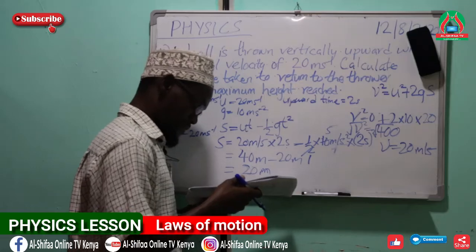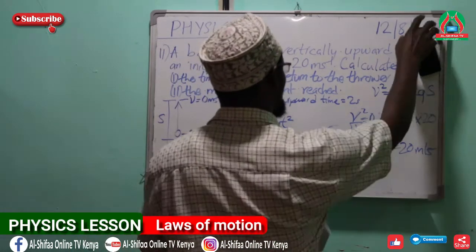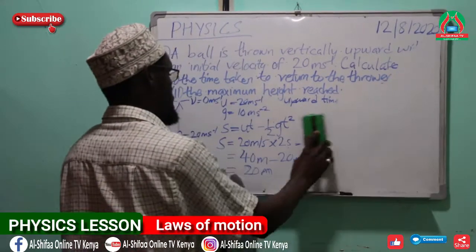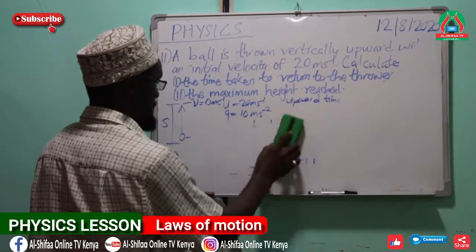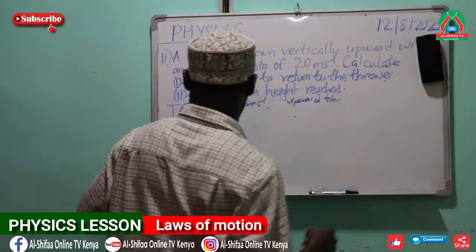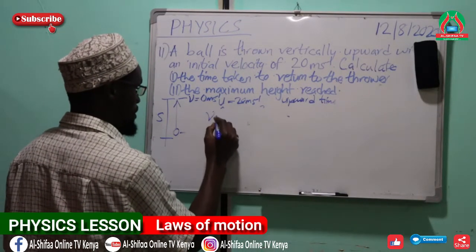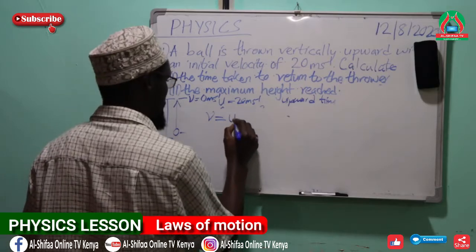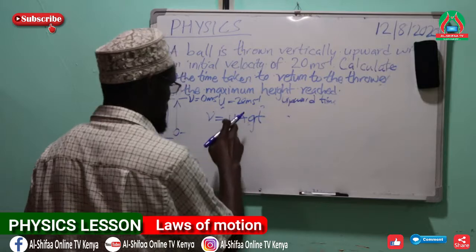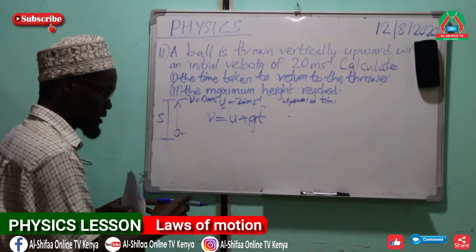Then we'll see that V is equal to U plus G T, since now we are calculating for the time when it's moving downward.